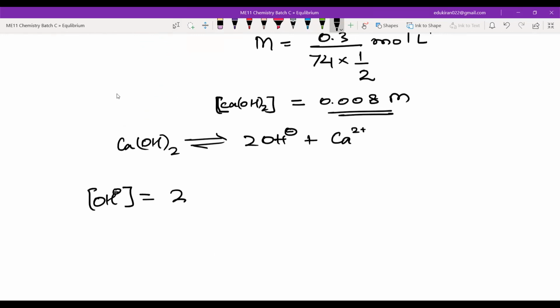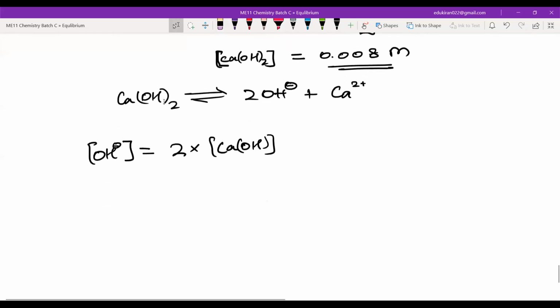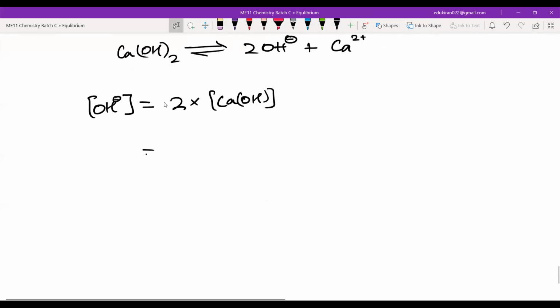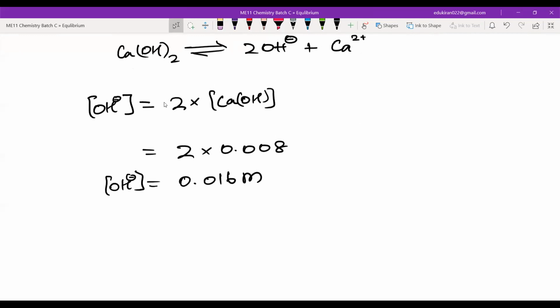It will be equal to 2 times the concentration of Ca(OH)2. See, 1 Ca(OH)2 is giving me 2 OH negative ions. So this will be equal to 2 into 0.008, which is 0.016 molar. This is the concentration of OH negative ions.